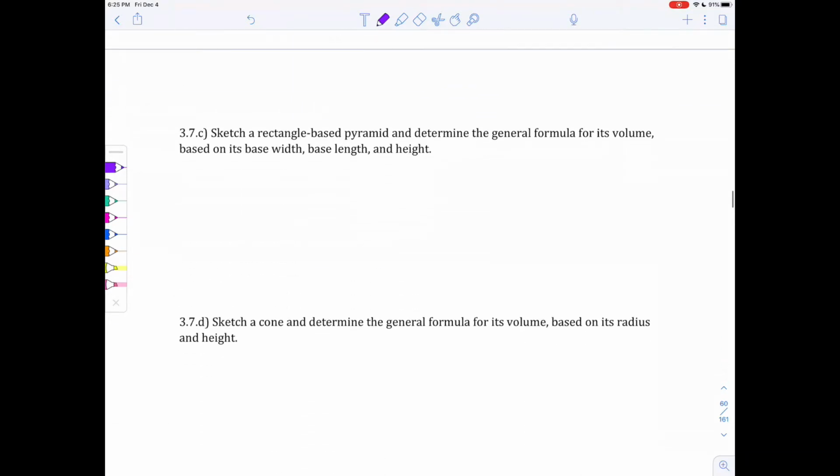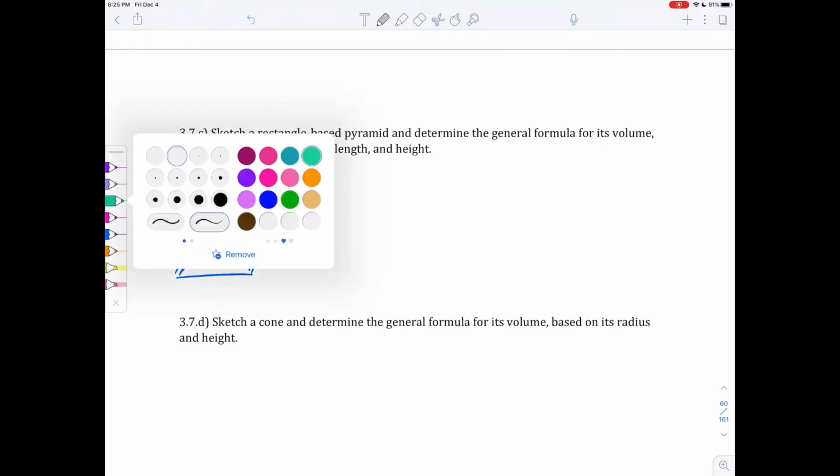Taking a look at this next one, we have a rectangular based pyramid, and we want to figure out a more specific volume formula. Well, rectangular base pyramids are not regular pyramids because they don't have a regular base. Remember that we talked about regular being a base that has equal length sides with equal angles.